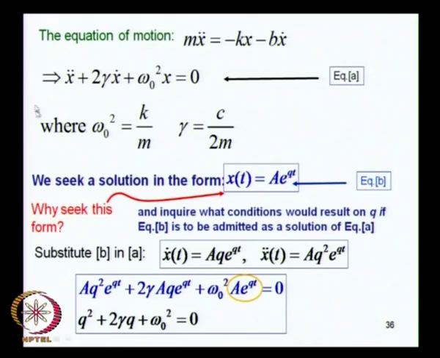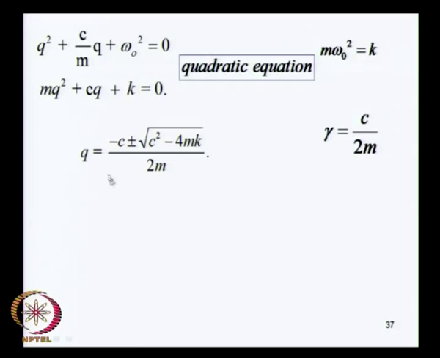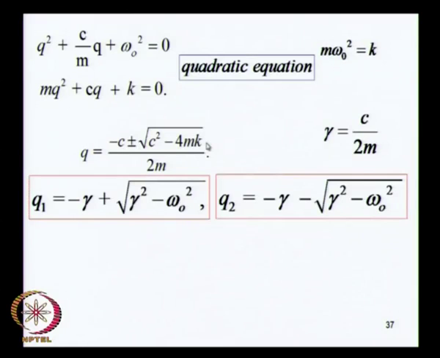Okay. So, instead of dealing with a first order derivative and a second order derivative and having a second order differential equation, all we have to do is a quadratic equation in q, which we know how to solve. It has got two roots, right.